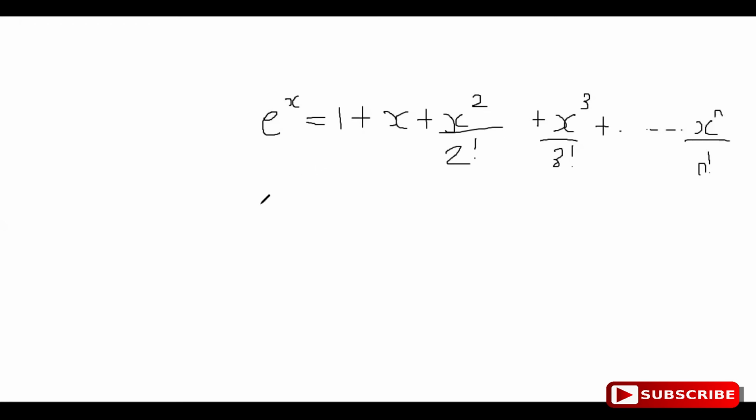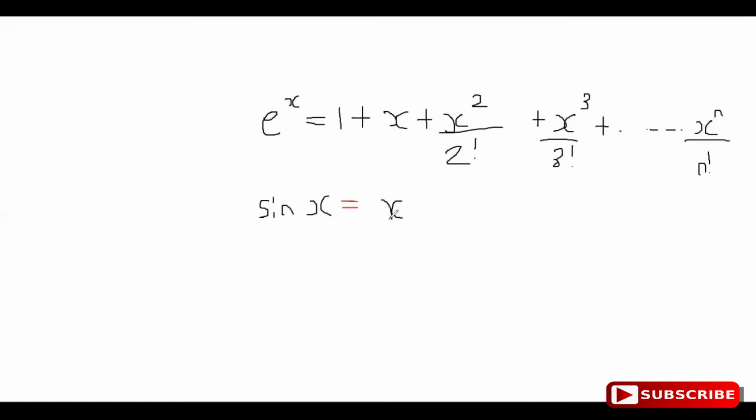Now look at this. The sine of x and cosine of x are very connected to e to the x. The sine of x, think of odd numbers. Odd numbers start from 1.